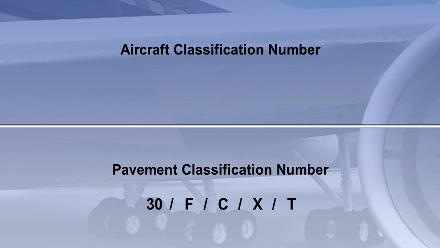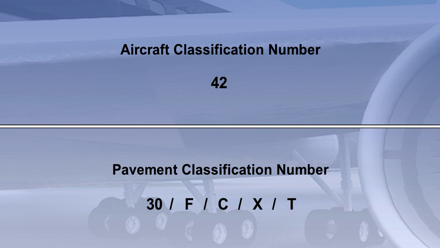The best way to understand how this rule works is to look at an example, such as the one shown on screen. The pavement strength report gives the pavement classification number as 30 on a flexible surface with a low strength subgrade. The pavement is medium tire pressure restricted, and the evaluation of the pavement has been carried out by technical analysis.